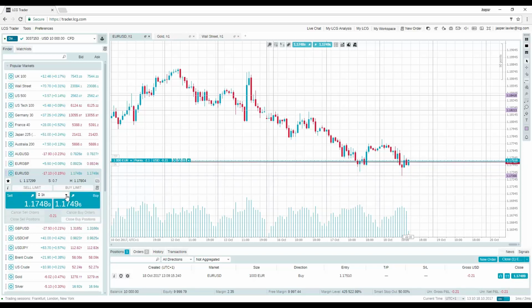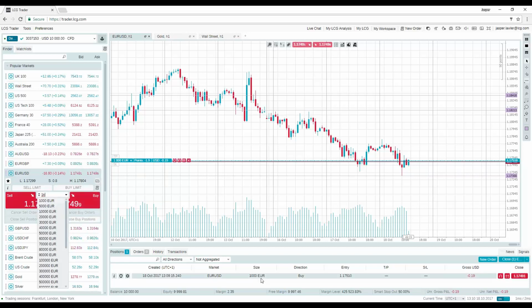So in the case of currencies, I've been using the example of indices. What we'd be doing here is buying or selling 1,000 euro. I think that's what I bought, wasn't it? Was it 1,000? You can see your size here under your positions tab. You bought 1,000 euros.